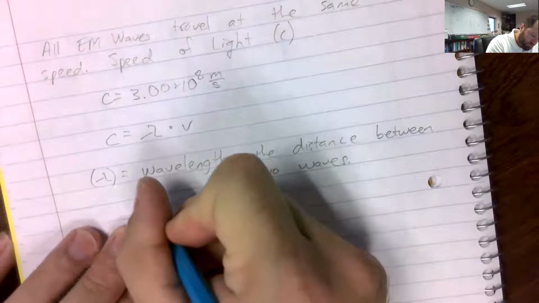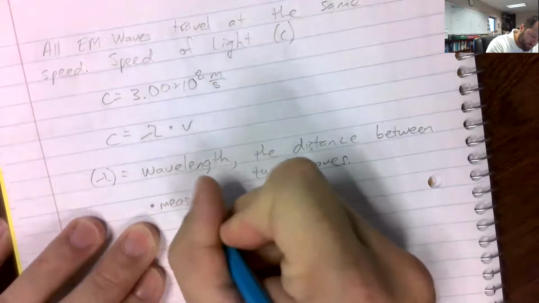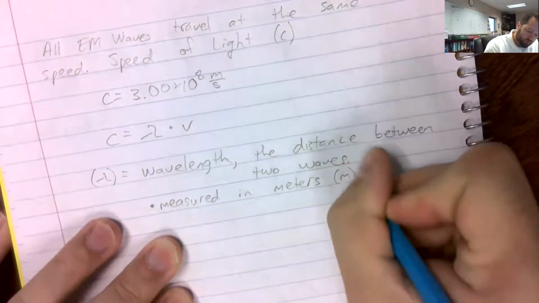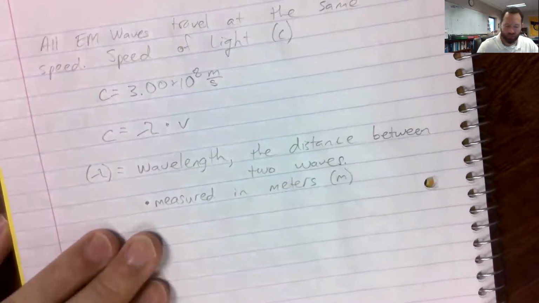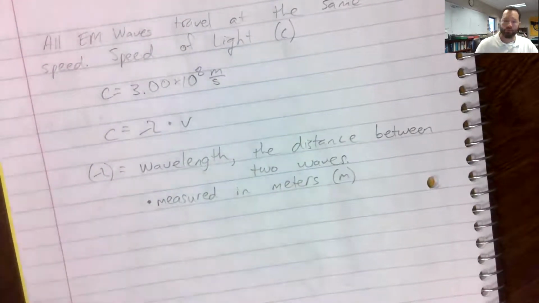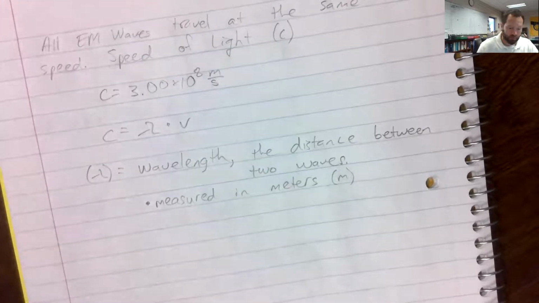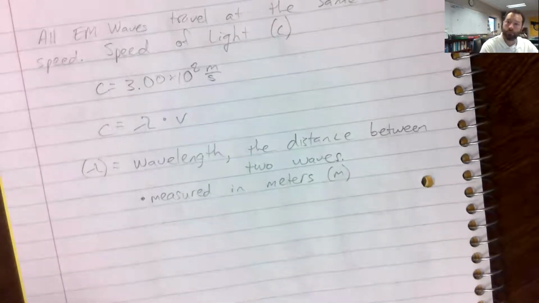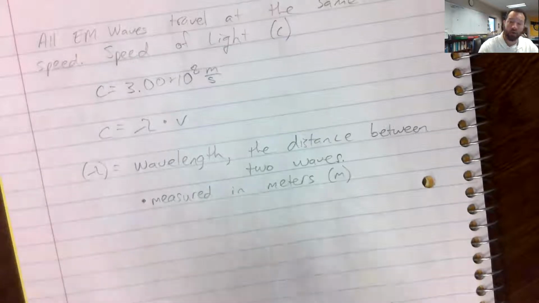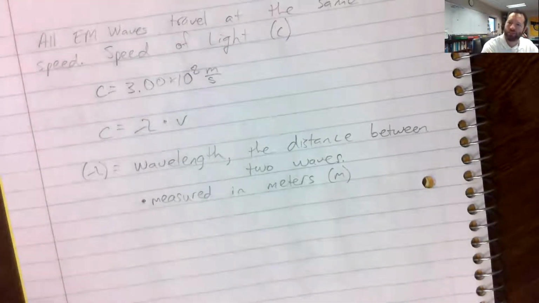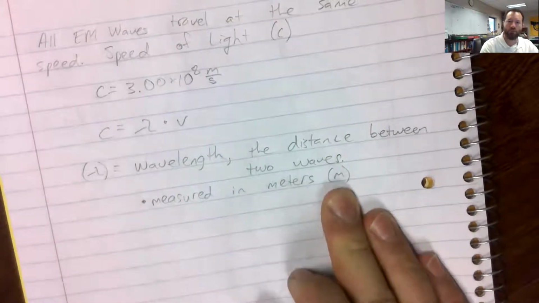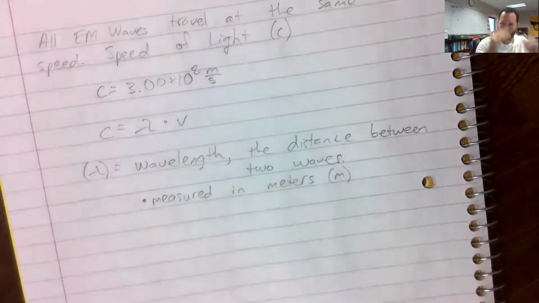Now these are measured in meters or some derivative of meters. So kilometers. Radio waves are sometimes kilometers long, or centimeters. I think IR waves can get up to be a centimeter long, or millimeters, or decimeters, or nanometers. You see nanometers a lot because that's actually what we measure visible light in, is in nanometers. So some derivative of meters, because wavelength is a distance between 2 points.